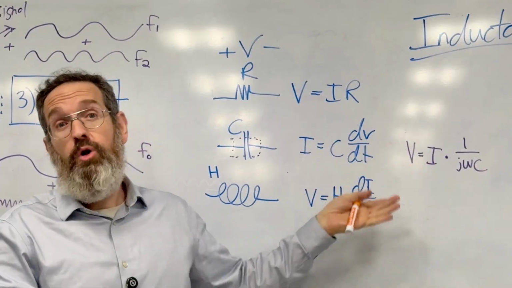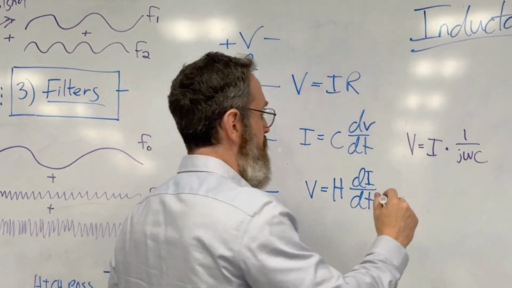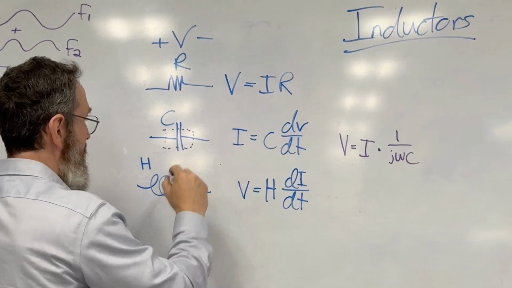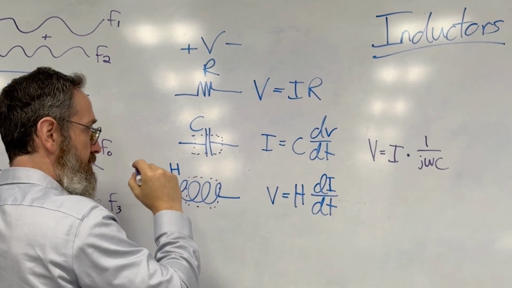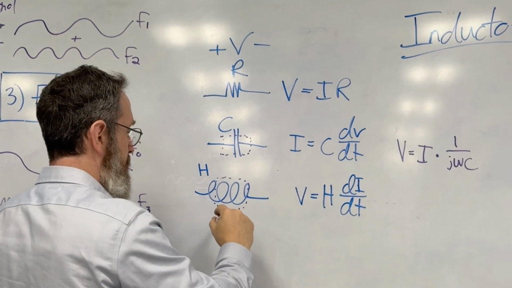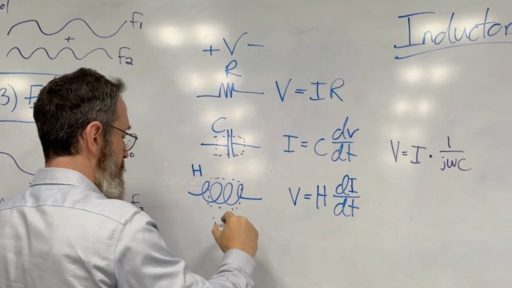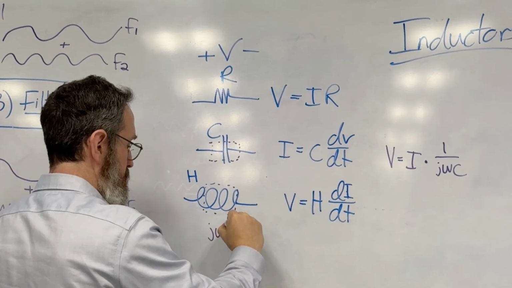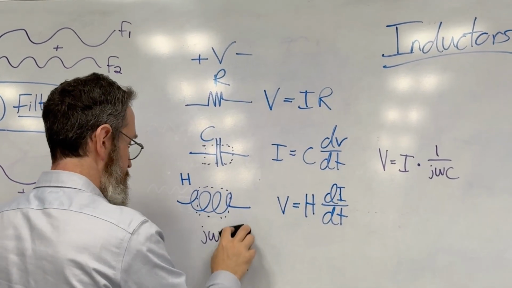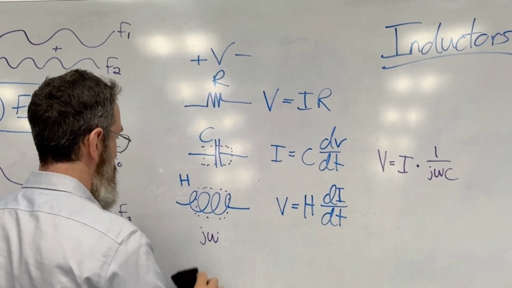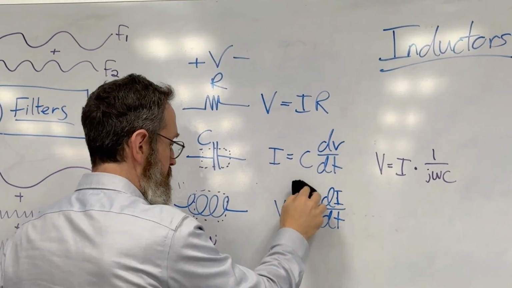All right, and guess what? The same thing exists for an inductor, where now we're going to replace the inductor. You're just going to put a square around it, and you will write JWL. Oh, you know what? Why am I using H for henries? L is the normal symbol.